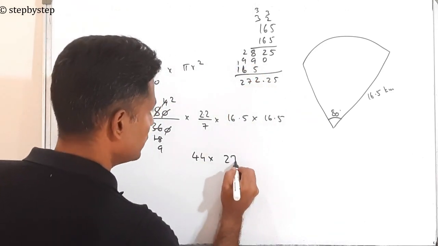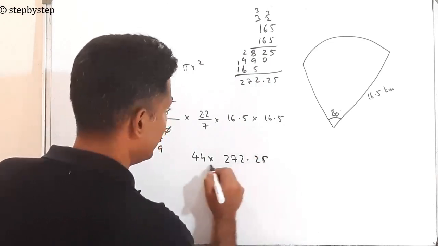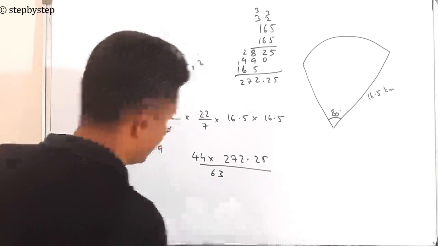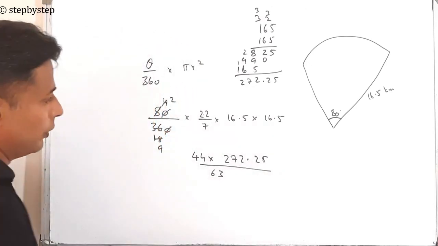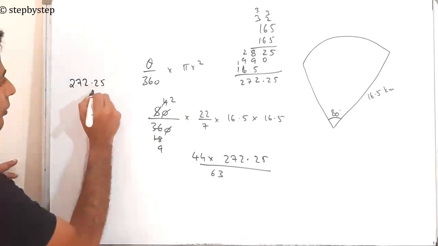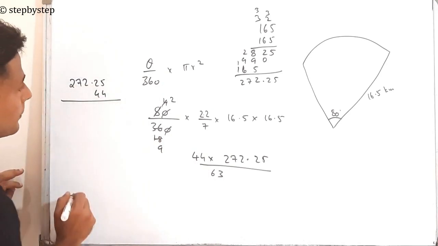So we get 272.25 by 7 9s are 63. Now we have to do 44 into this. 272.25 into 44.